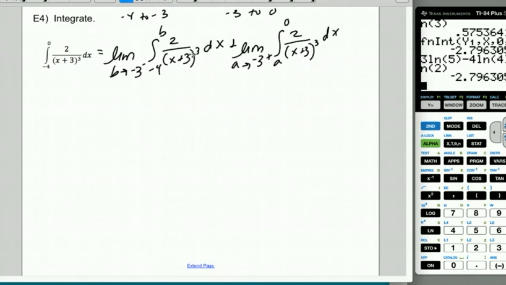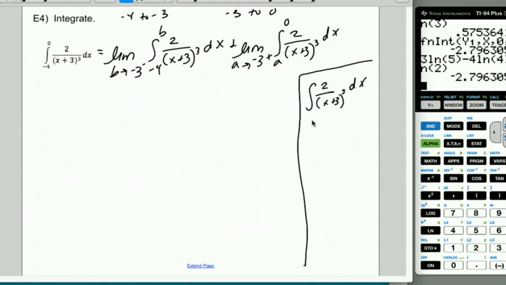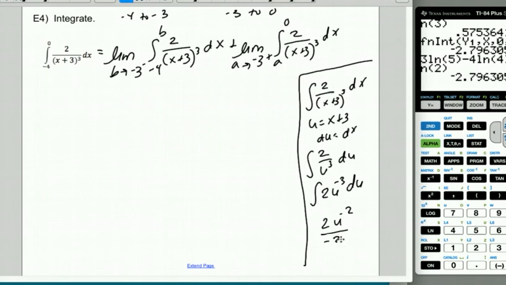So it's not a terrible thing to spot off to the side, if you want, that you're integrating 2 over an x plus 3 to the third dx. If you need u sub to do this, that's great. If you don't need u sub, that's also great. This is a 2 over u cubed, which means that what we're integrating is 2u to the negative third du. So we'd up the power by 1, divide by the new power, right?